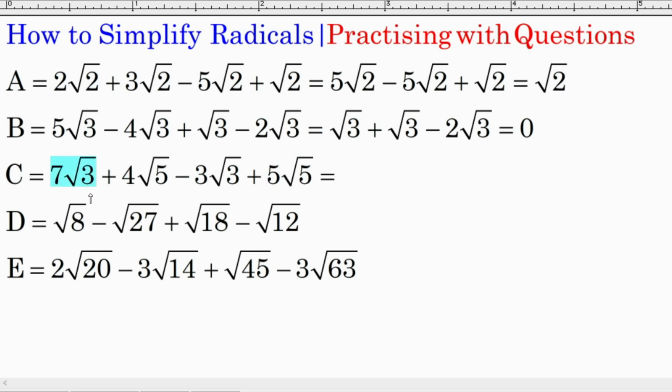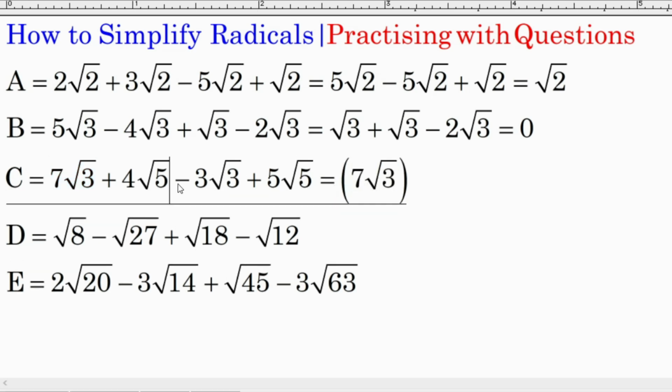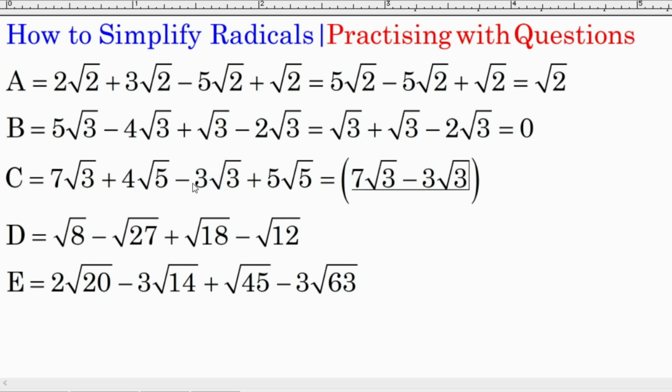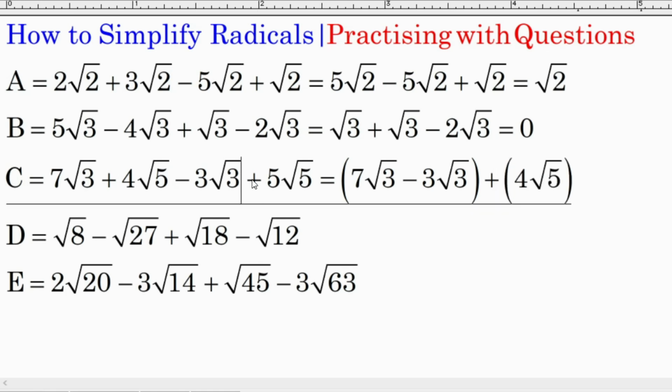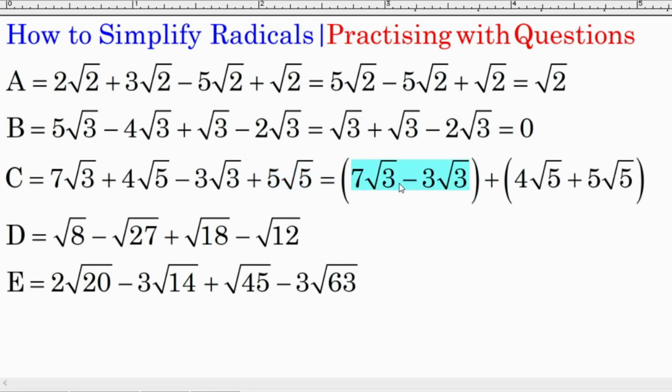So we put this one with this one, and then plus, and then we put this one with this one. Now we have grouped the same radicals already. So we can subtract these two terms.